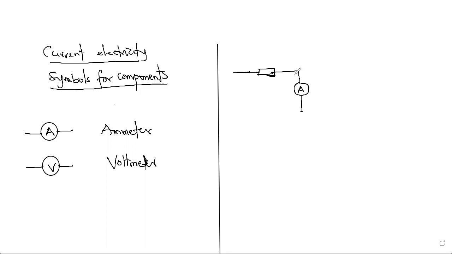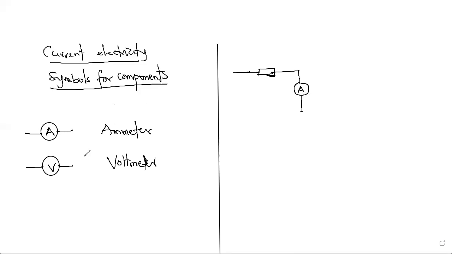You can see the single wire connects them, so the current that flows through this resistor is what flows through the ammeter. An ammeter usually has very low resistance, such that most of the current that flows through this resistor will flow through it.